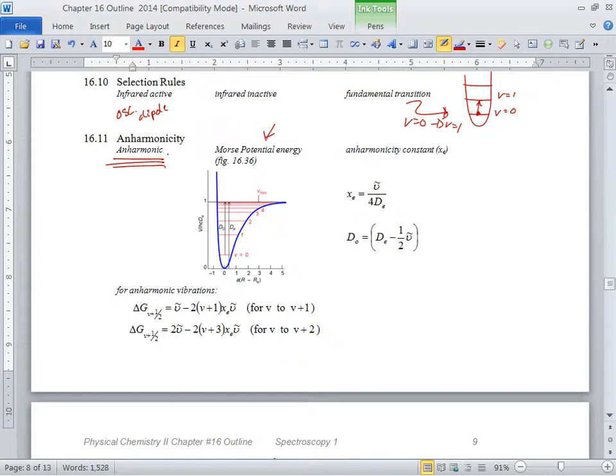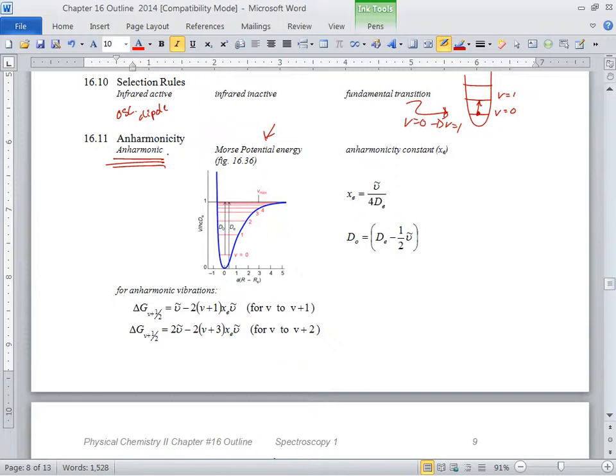It's not directly proportional. And that has to happen at some point. If I pull it down so far and it gets easier, yeah, because the bond's going to break. After it gets so far apart, that bond has to break. There isn't a bond anymore. There's no interaction. So that's anharmonic motion, and that's the Morse potential energy well.